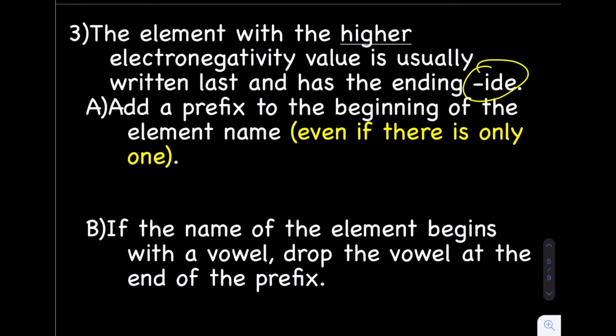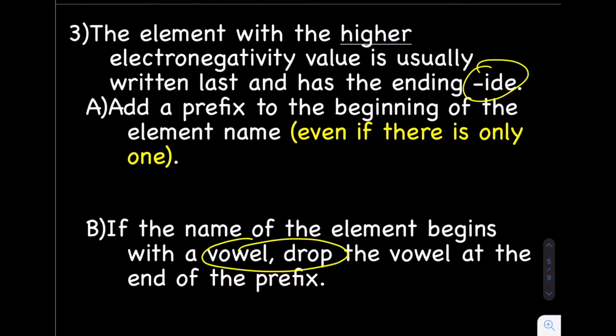The element with the higher electronegativity value, the one I'm going to write second, you're going to drop the ending, add IDE, and you're also going to add a prefix. Second, if the name of the element begins with a vowel, drop the vowel at the end of the prefix, which sounds really complicated. Honestly, if you say the word out loud, it's pretty easy to tell. And truthfully, if you get that part wrong, I'm not going to worry about it too much.